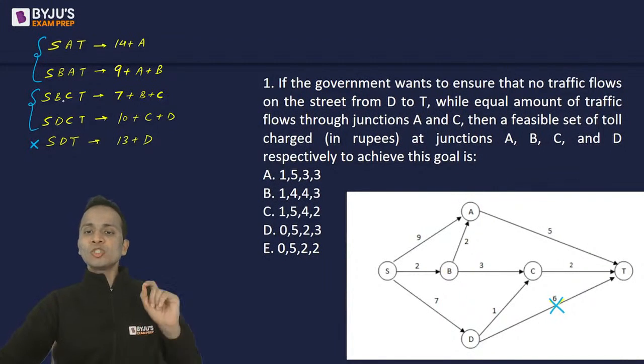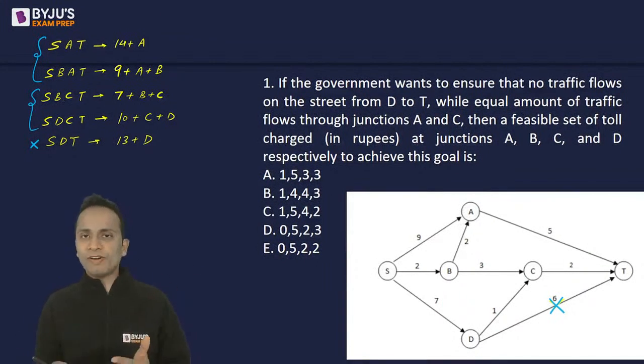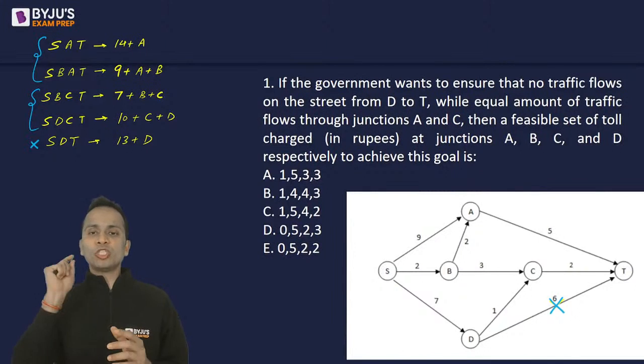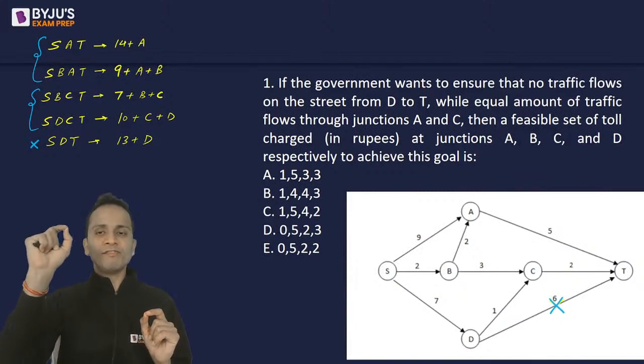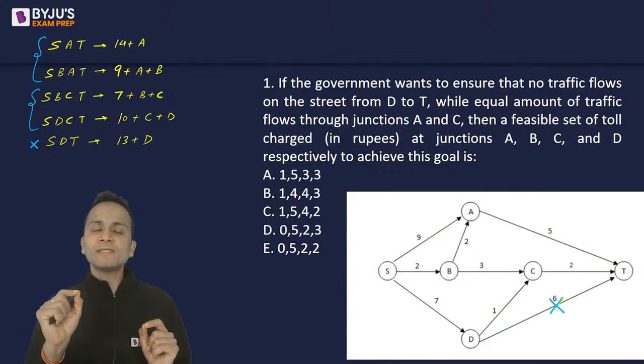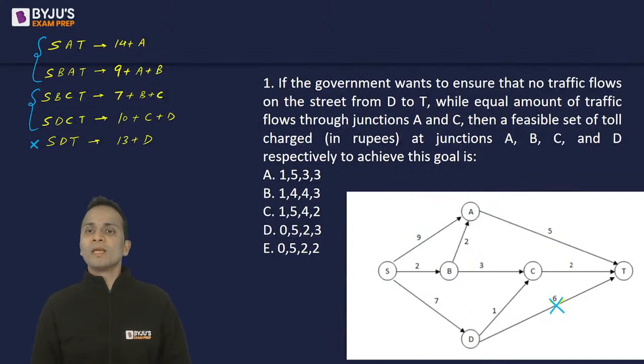Okay. So one of the streets is closed, one of the routes is entirely not available out of 5. Out of the remaining 4, I want to ensure that an equal amount of traffic will flow through junction A and junction C. Junction A is used in the first and second route. Junction C is used in the third and fourth route. Okay, right?